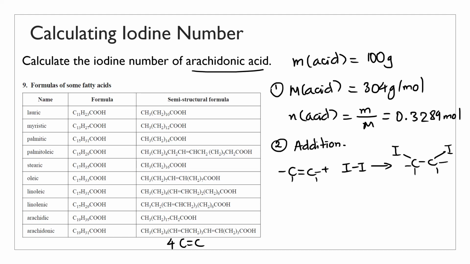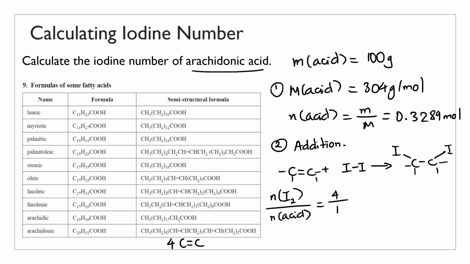So the ratio here really depends on how many carbon double bonds are present. So the number of mole of iodine to the number of mole of acid, if you will, is going to be a 4:1 ratio in this case, because there are 4 carbon-carbon double bonds present.